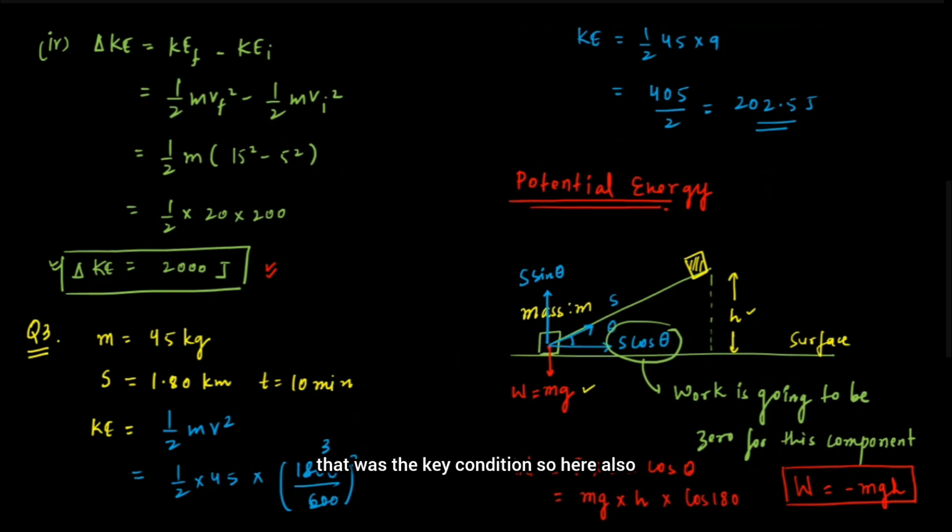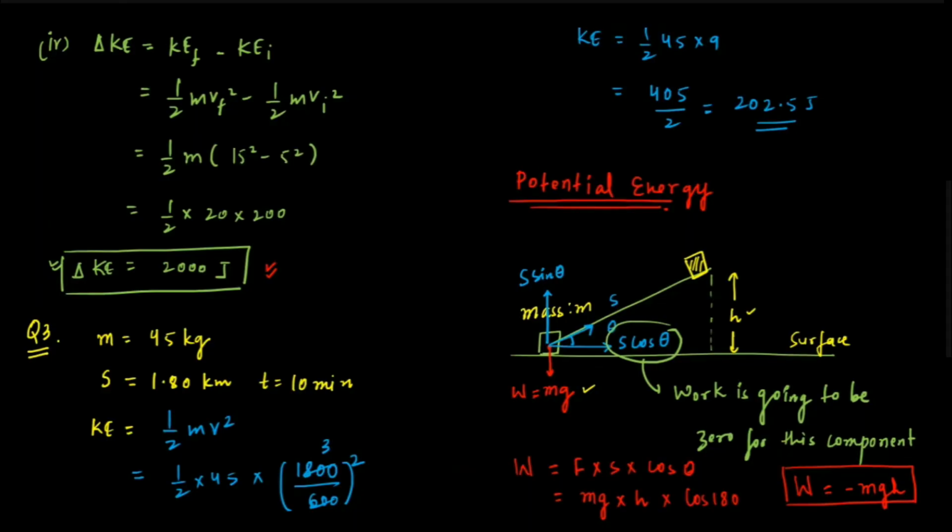That was the key condition. So here also, when we are describing potential energy, we will say that energy which is associated with the configuration of the body, or with the position of the body, or which changes with the position of the object, is called potential energy.